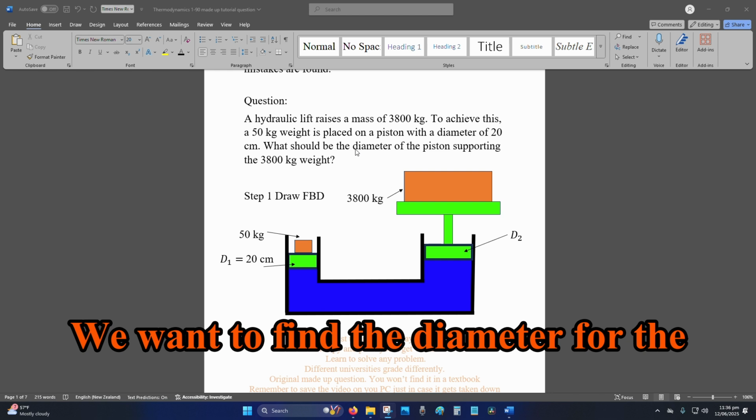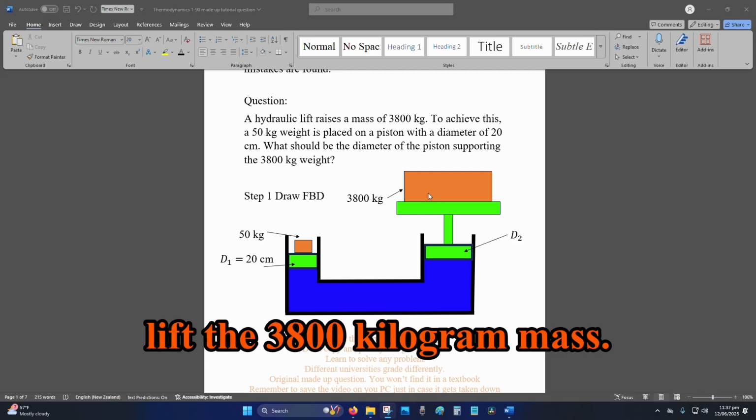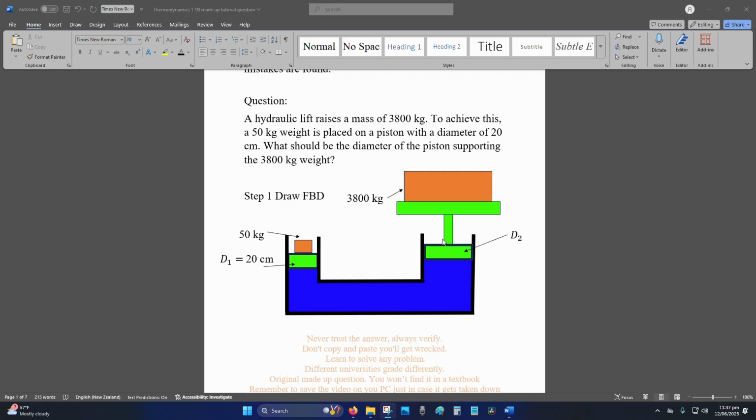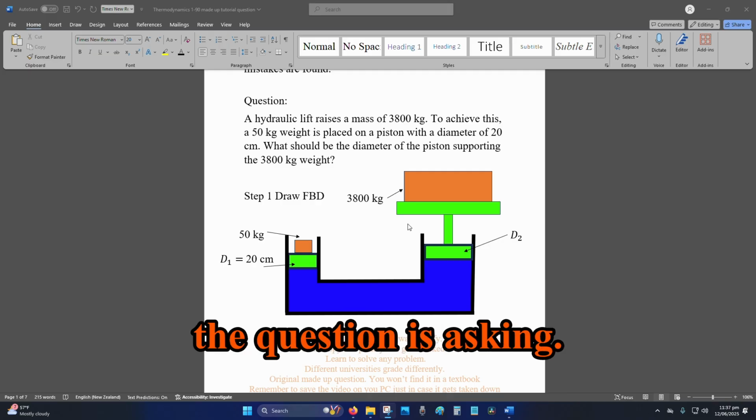We want to find the diameter for the piston that's going to lift the 3,800 kilogram mass. So we want to find D2. That's really what the question is asking.